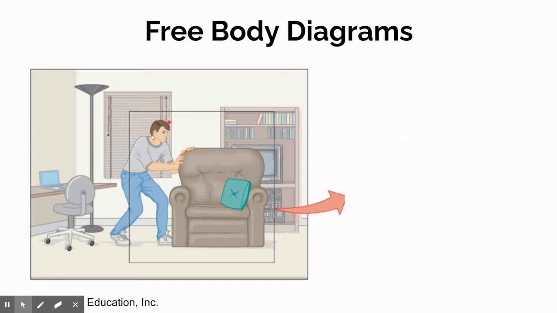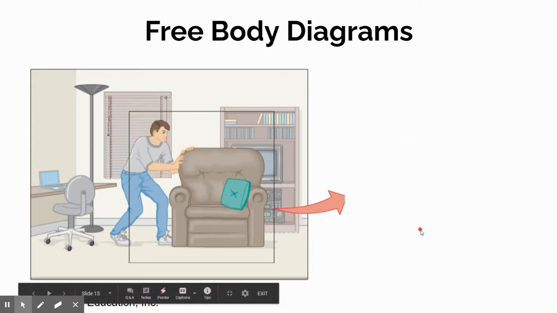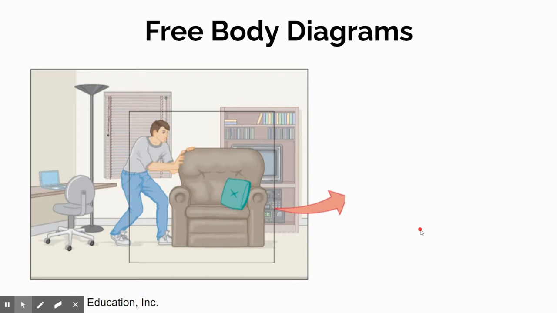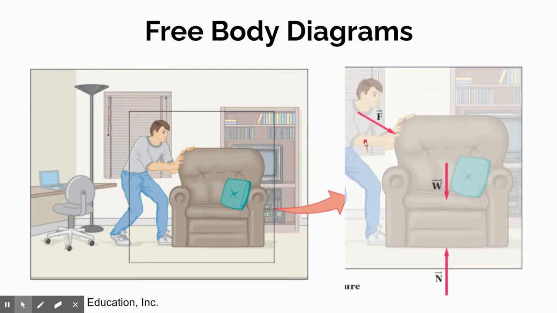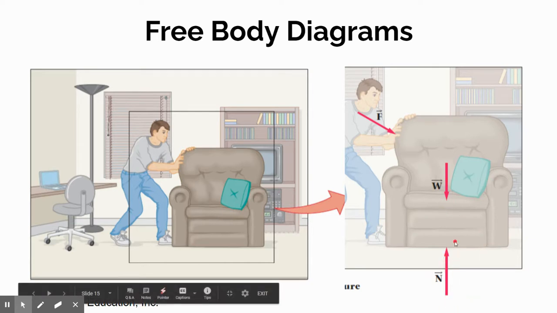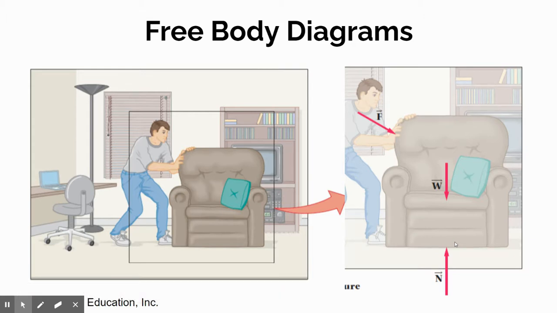So we see this guy here is pushing on a chair, and this chair is currently on the ground. So if I wanted to draw the free body diagram, I would do so like this. I would draw his force, which is acting on it. And we know that the chair has a weight, and that would be pushing down on the floor. But the floor would be pushing back up on the chair as well. And you will be drawing these frequently in order to help you solve problems.